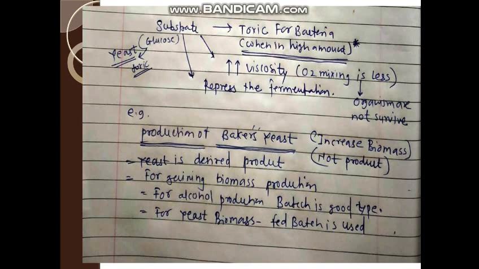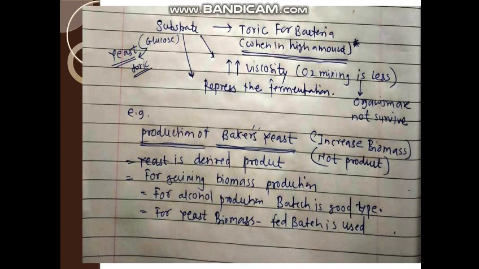At the same time, it represses the fermentation process. That case is not observed in batch fermentation, but it is observed in fed batch fermentation process. This is the basic difference between batch and fed batch fermentation.